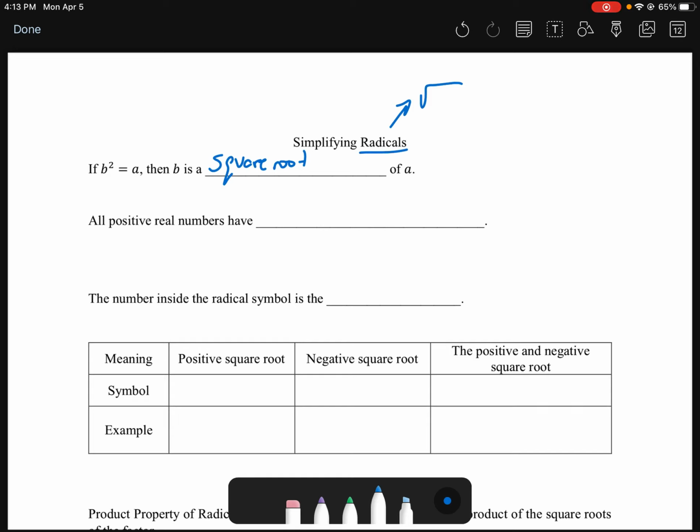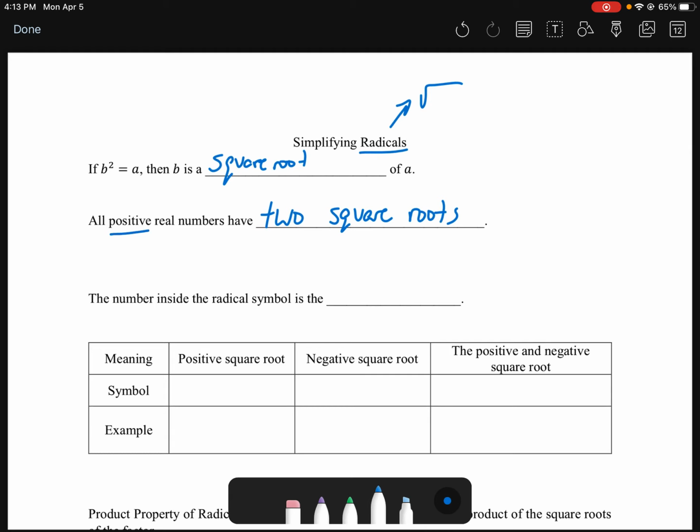All positive real numbers have two square roots. Now, there are a few things in there that are pretty important to think about. One, they have to be positive.